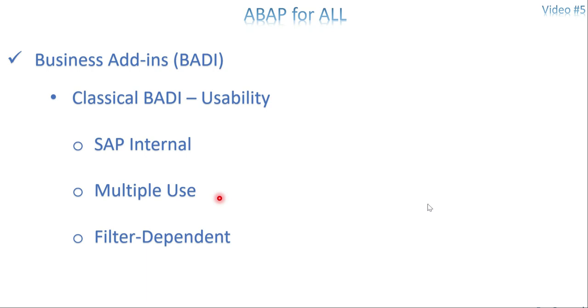SAP decided this BADI can have more than one implementation, then the multiple use option is selected. So one BADI can have multiple implementations. If this option is not selected, then it is single use, so you have only one implementation. And if you want to add your own logic alongside the existing implementation, you have to have a word with the particular project or developer and analyze whether it's okay to have your own implementation in the same BADI.